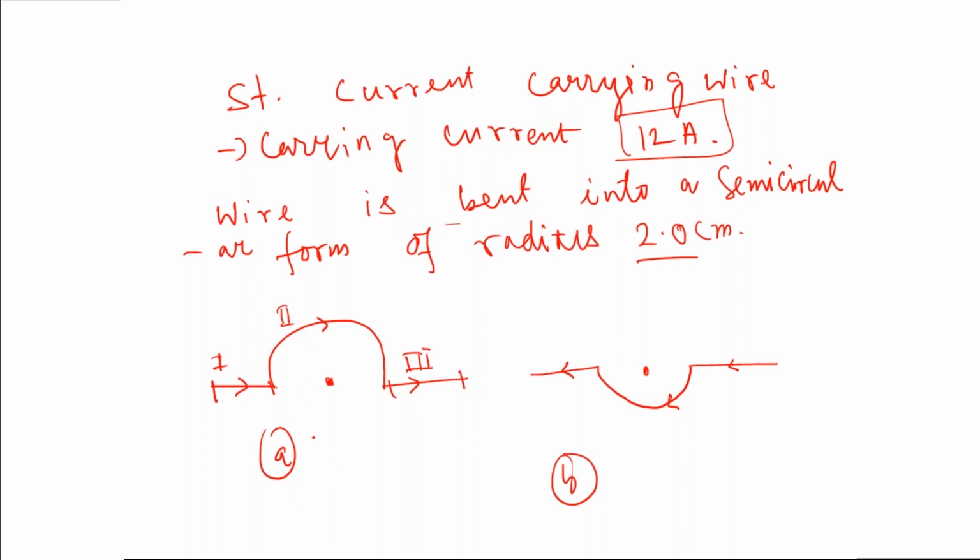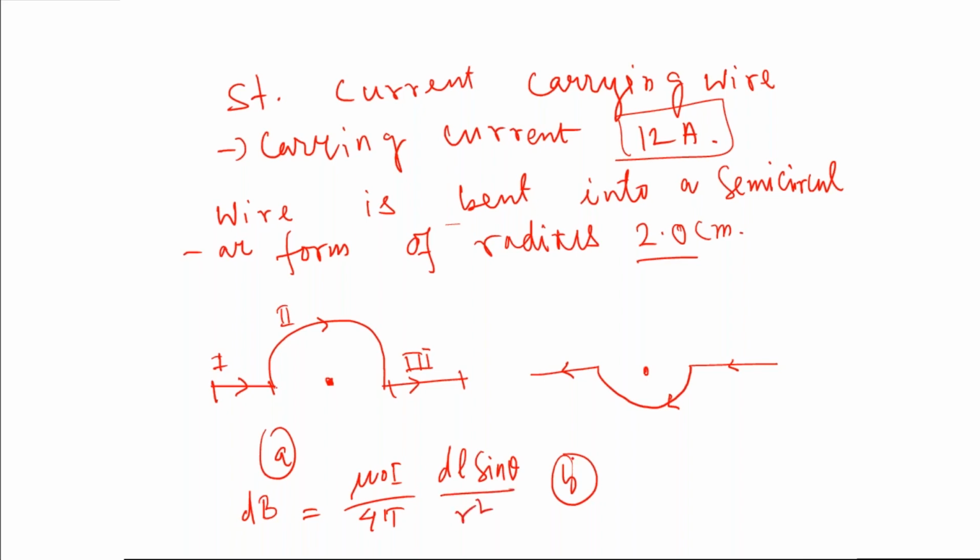B is equal to mu 0 I by 4 pi, integral of dl sine theta by r square. This is dB, and you have to take the integration for the whole wire.